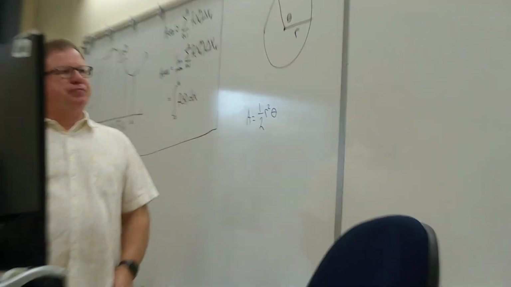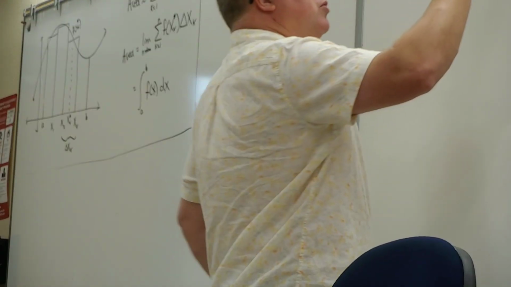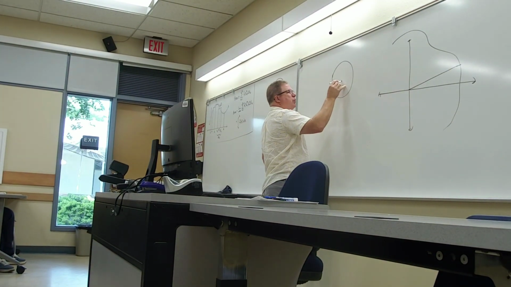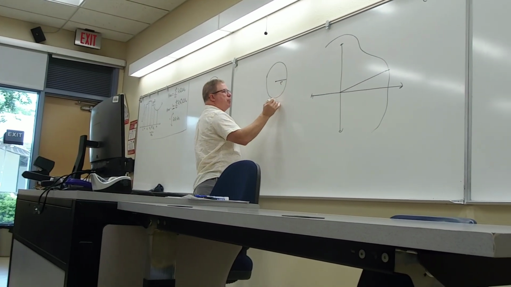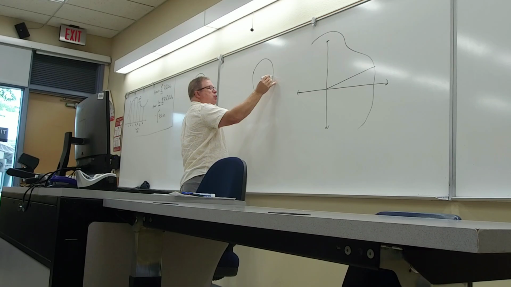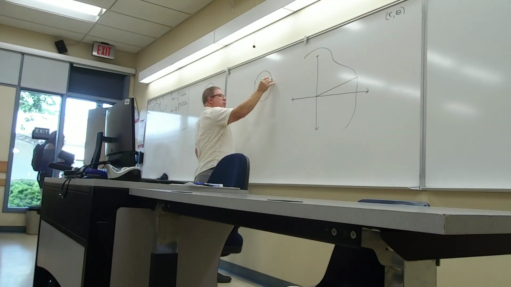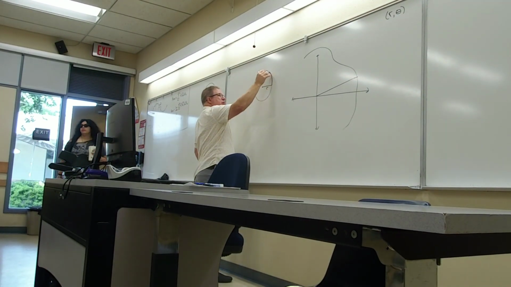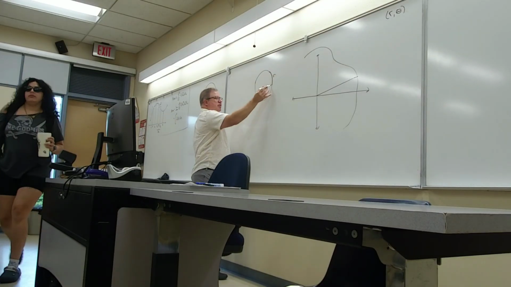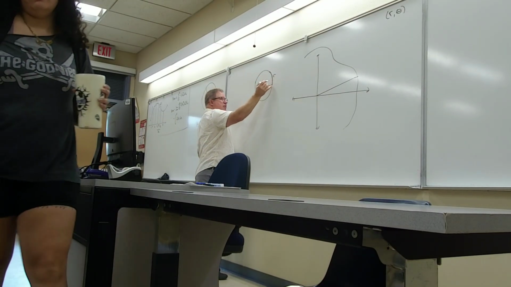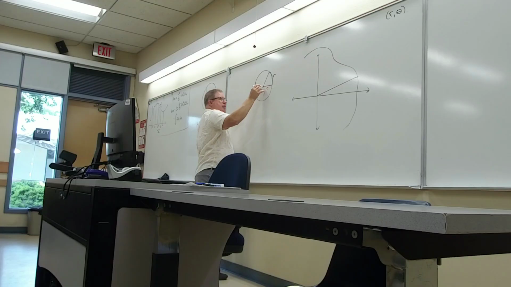Let's have a quick little discussion about this. In a circle, there's your radius. If you travel along the arc of the circle, a distance equivalent to 1 radius, the curved distance is the distance of the radius, and then come back.